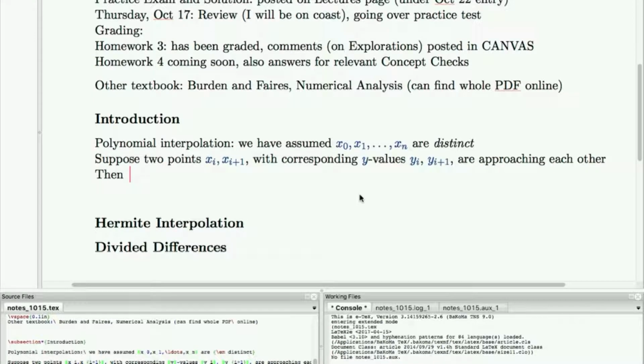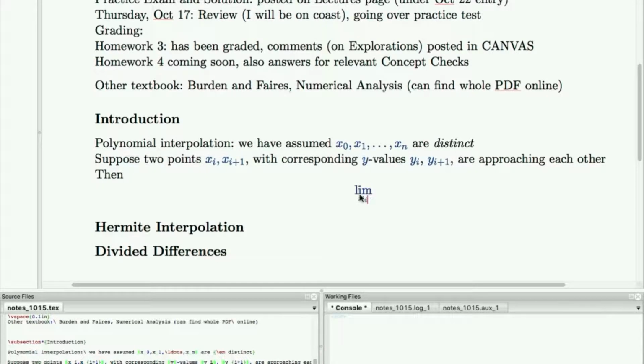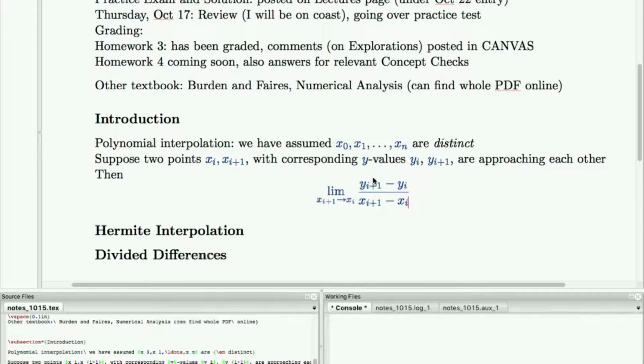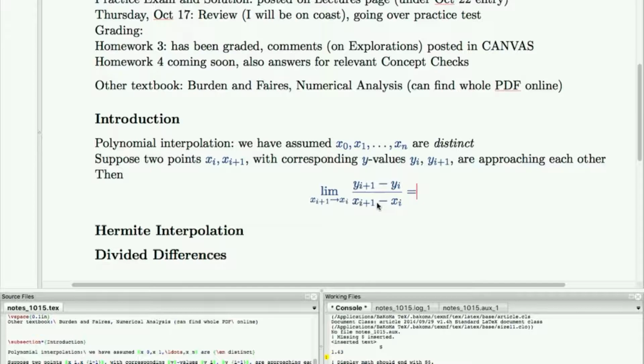The limit as x_{i+1} approaches x_i of (y_{i+1} minus y_i) over (x_{i+1} minus x_i). So the limit of this quantity, what is this converging to?